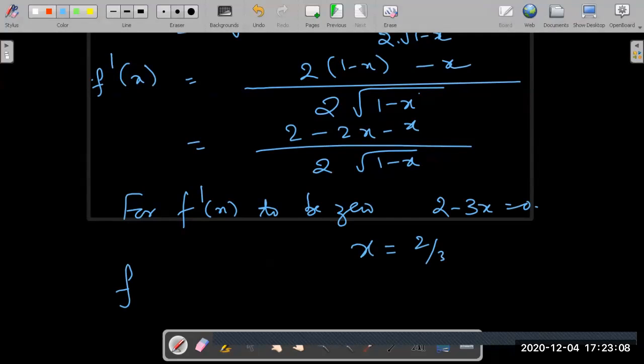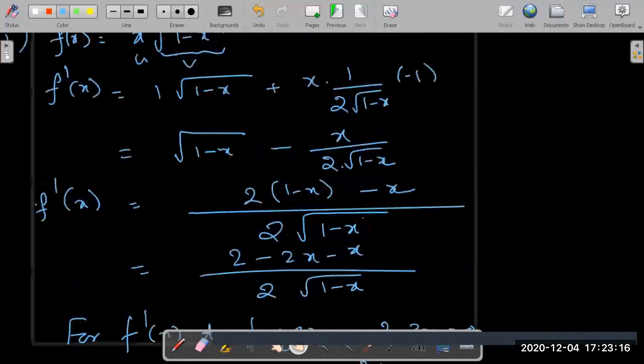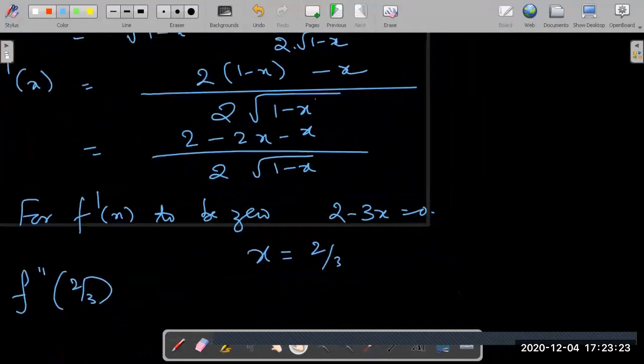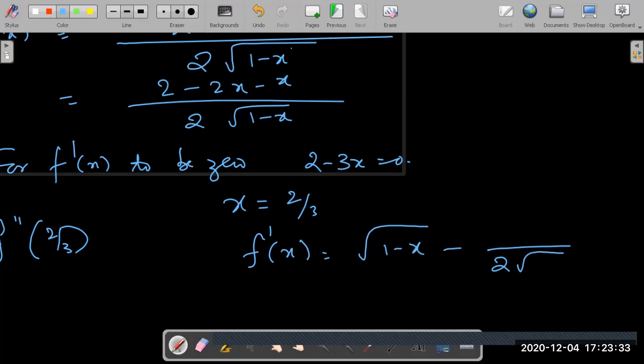So we need to check now f double dash of 2 by 3. That means we need to find f double dash x. So f dash x is the square root of 1 minus x minus x divided by 2 root 1 minus x.